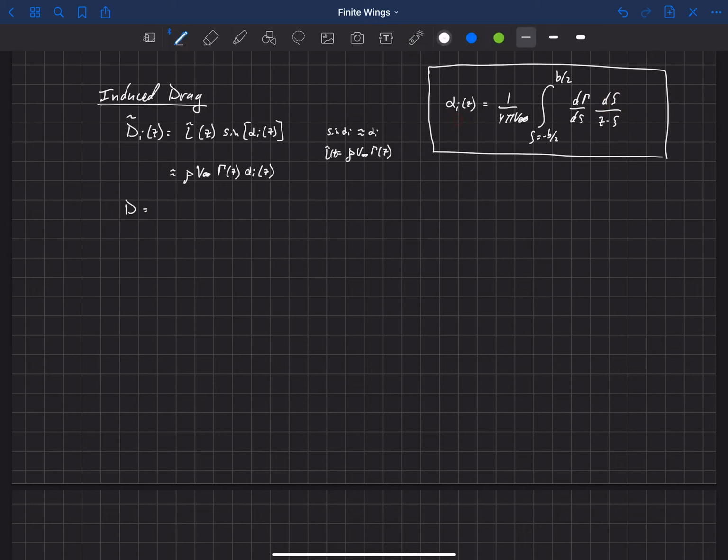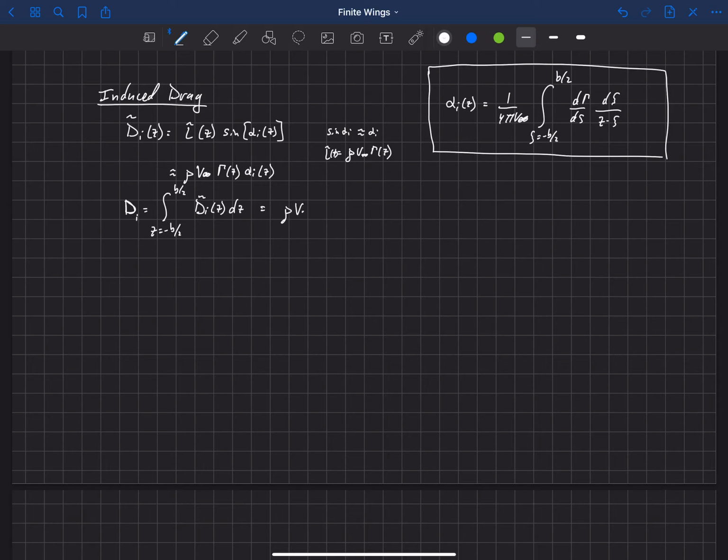The total induced drag is going to be the integral of the induced drag at any z location from z equals minus b halves to b halves, times dz. We can rewrite that from our equation above for the induced drag.